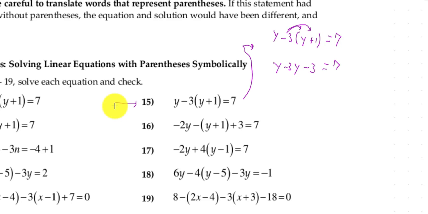And then I combine like terms. So I have a y and a -3y becomes -2y. Minus 3 equals 7. Then I add 3 to both sides. So I'm left with -2y equals 10.